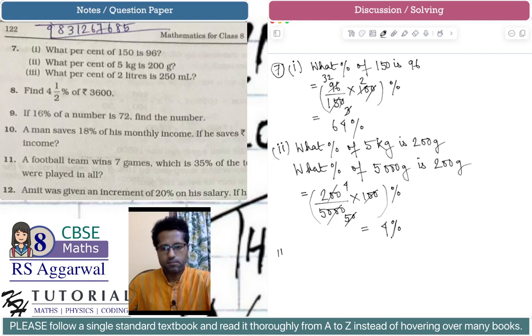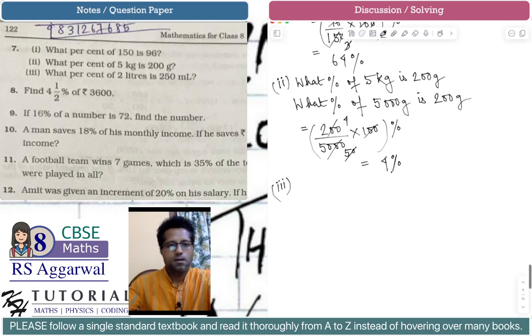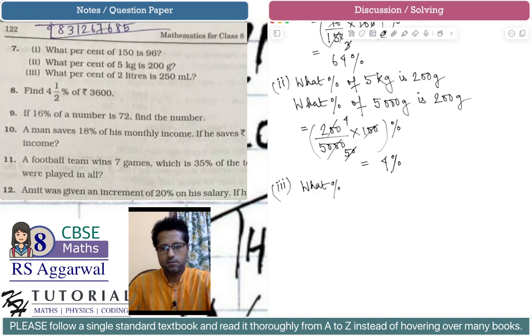Part 3. What percentage of 2 liters is 250 milliliters?